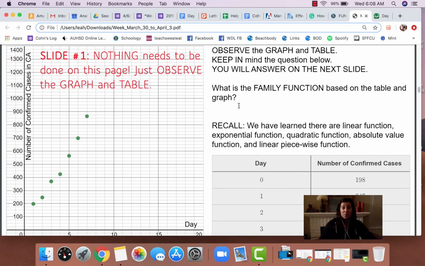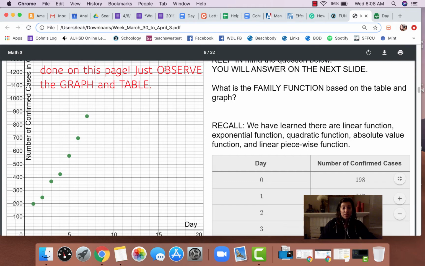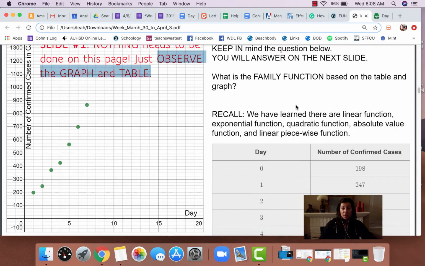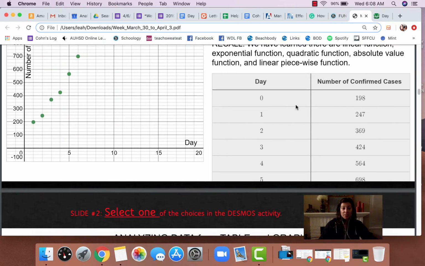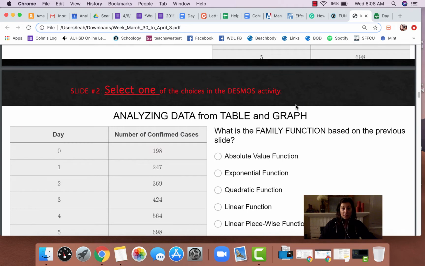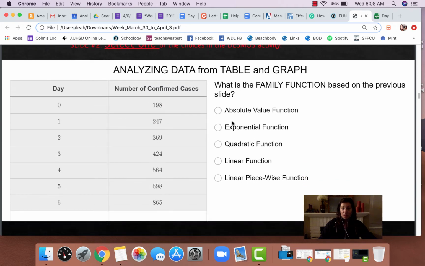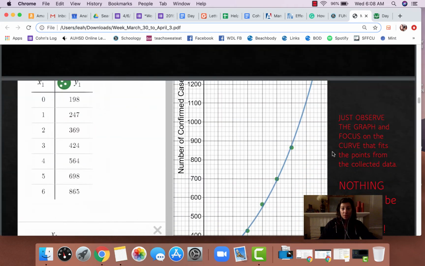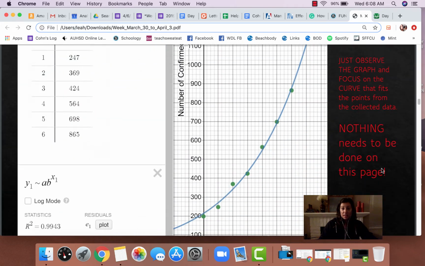It says slide number 1, nothing needs to be done on this page. We're going to observe the graph and table, okay? So here's the slide with the information. So we've kind of copied what it's going to look like for you, okay? We copied what slide 2 will look like for you. We're just selecting a choice on slide 2, okay? Slide 3, nothing needs to be done.